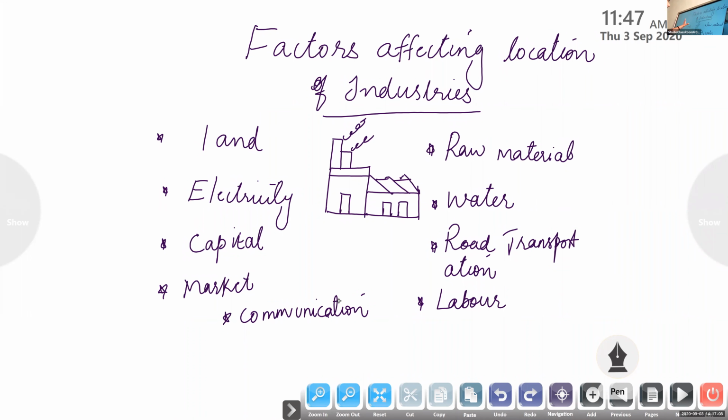So these are the factors affecting location of industries. All industries are situated where all these factors are available. Clear? We require all these factors for setting up an industry. So industries are situated where all these factors are easily available.